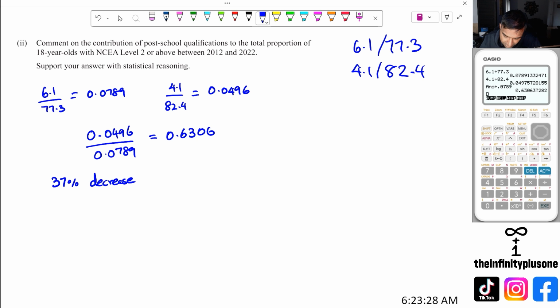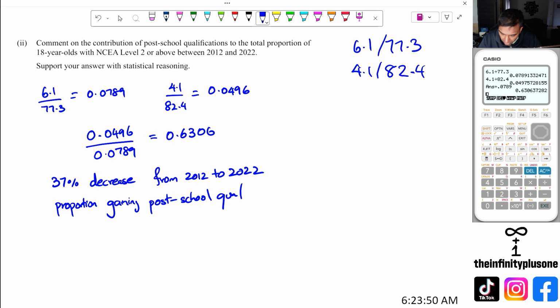So you can say that there is a 37% decrease from 2012 to 2022 for proportion gaining post-school qualifications. So in other words, you can say that the 18-year-olds are much less likely to gain their NCEA Level 2 post-school in 2022 compared to 2012. And I think you might have to write a statement like that at the end.